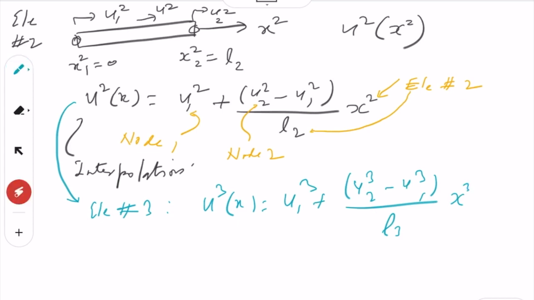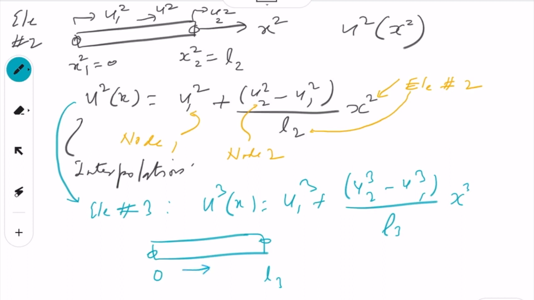This means the x coordinate at any point for the third element, which will have 0 to L3. x is going this way, x3 is going this way.